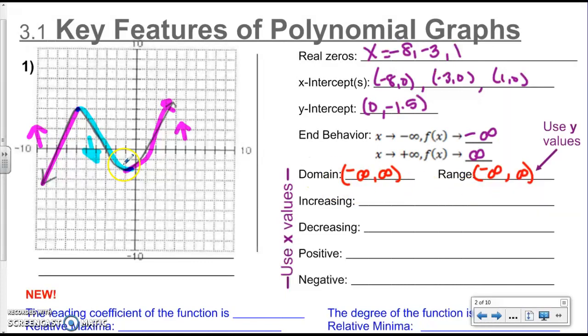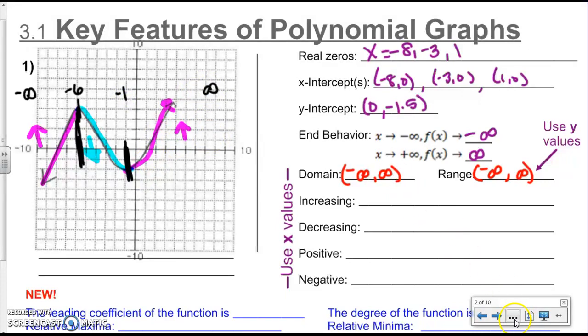Okay, if I label my sides, I start with -infinity, and notice right here, this value is where my graph changed direction. So it went from increasing to decreasing. If I count, that's 1, 2, 3, 4, 5, 6. That is -6 on my x-axis. Okay, and then it decreases, but it changes direction again right here. And that is at -1. Okay, and then it goes on forever the rest of the way.